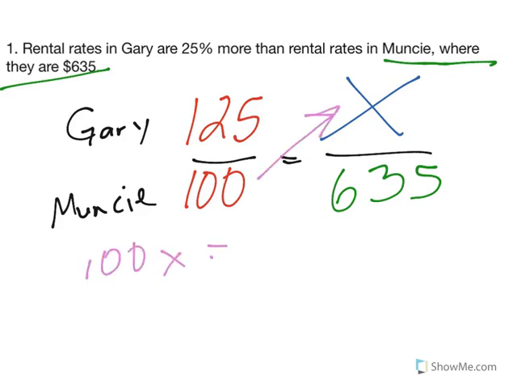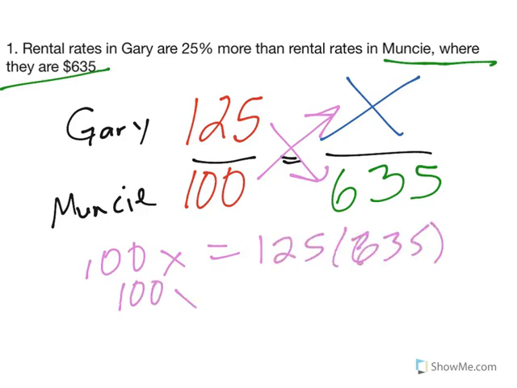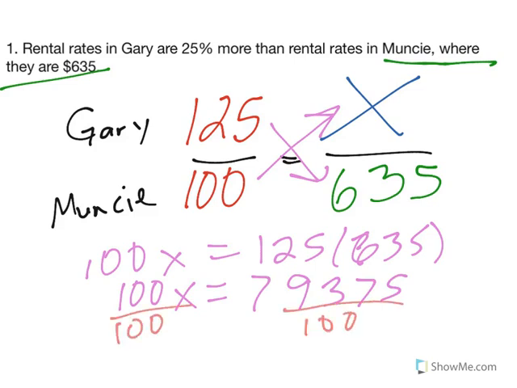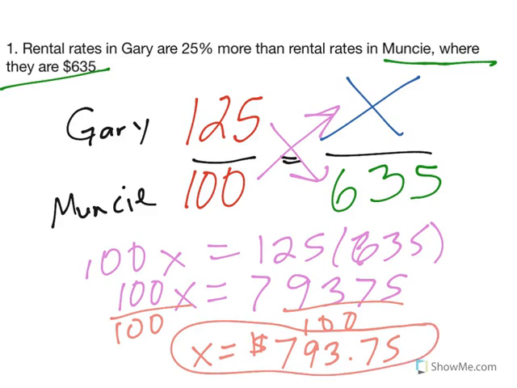So 100X equals 125 times 635. So 100X equals 79,375. Divide both sides by 100 to get X by itself, and X equals 793.75. And notice we're talking about money because we're talking about rental rates. So the rental rates in Gary are $793.75.